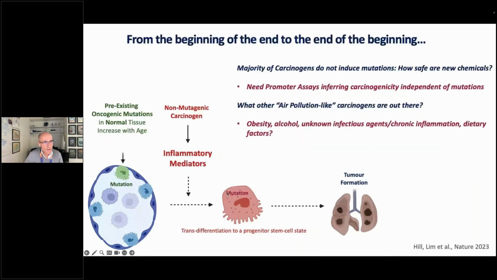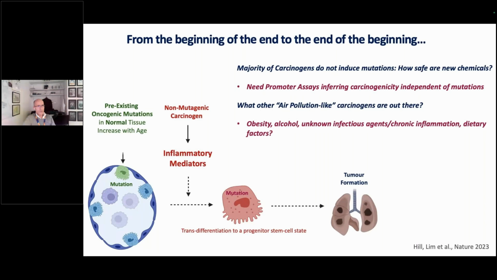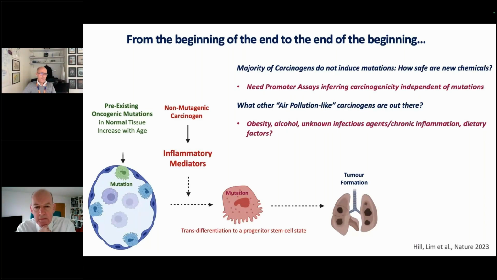So just rewinding in my last slide now, remember I said at the beginning that the majority of carcinogens do not induce mutations. So this means that they're probably acting through this pathway of driving inflammation and expanding pre-existing mutant clones. But the problem is we don't have assays that can score for whether or not new chemical matter is safe or not, because we just don't understand this process across other tissues outside the lung.